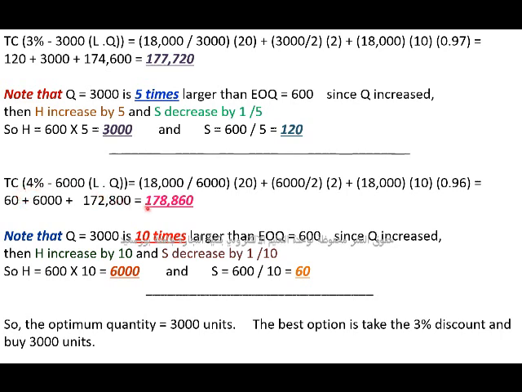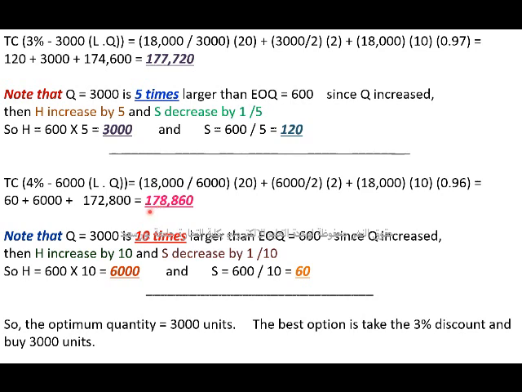Also, we can calculate the total cost for 4% here. Then we now have 4 total costs. First one, total cost for EEQ, total cost for discount 2%, total cost for discount 3%, total cost for discount 4%. Then you should choose the lowest total cost.